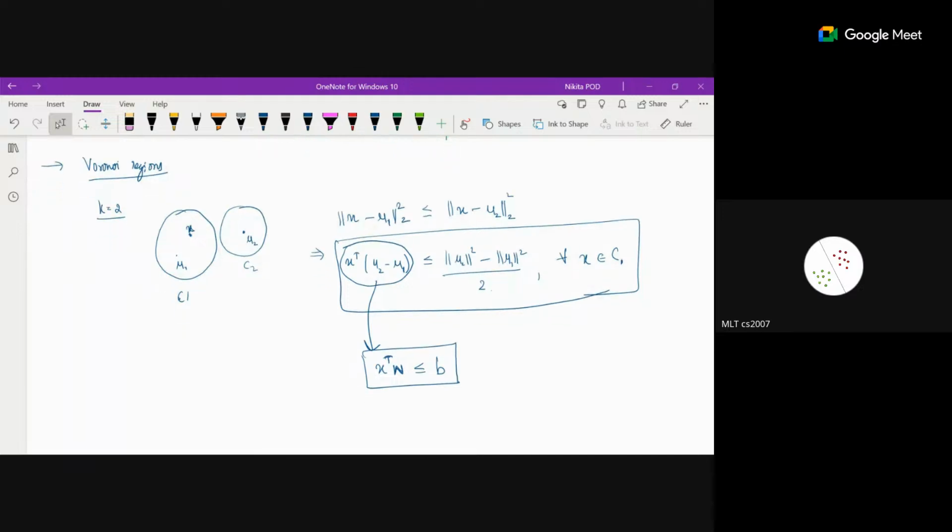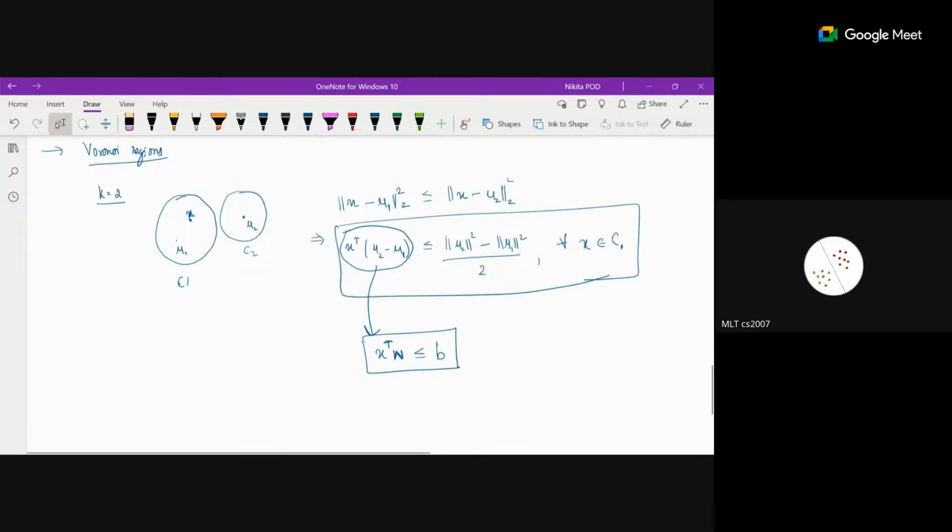What we get is that these Voronoi regions and this hyperplane will basically separate your data points into two regions. If this is my mu1 and this is my mu2, then to find the Voronoi regions we connect these two points and then take the perpendicular bisector.